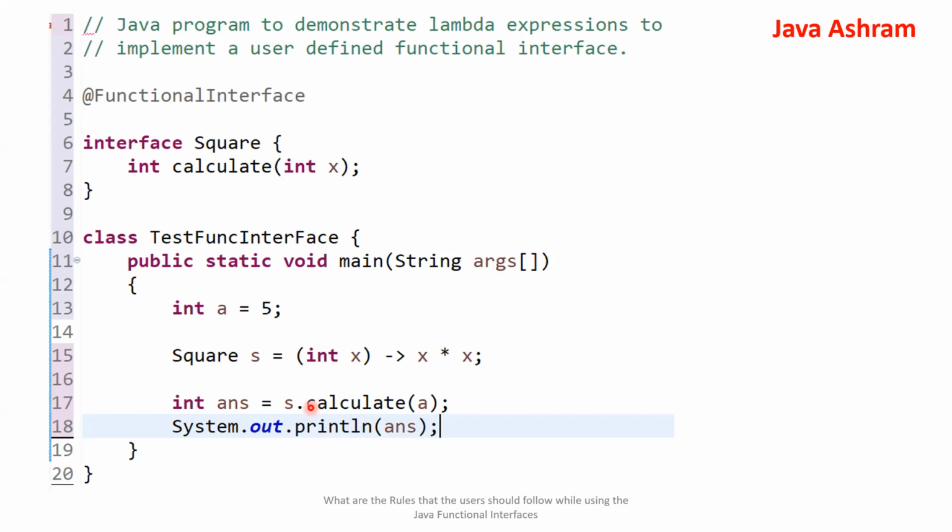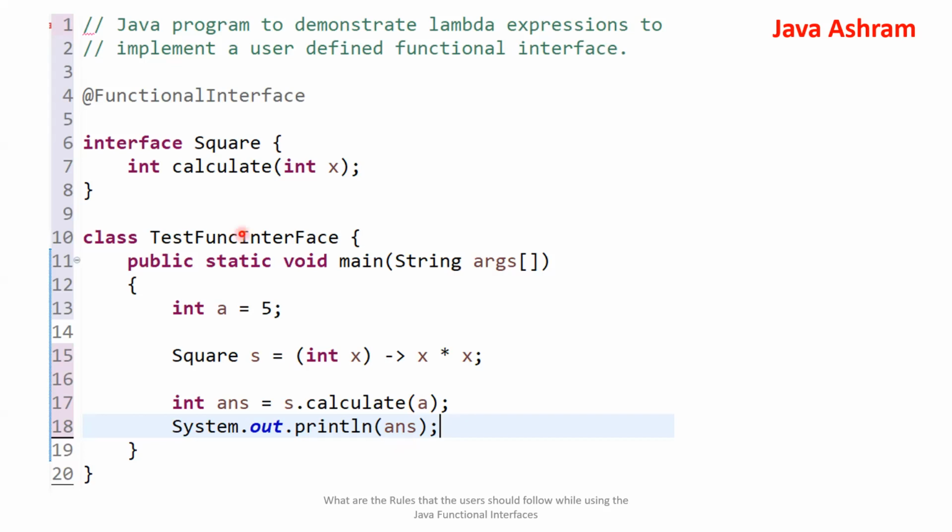You can put the variable a there also. I have put x to differentiate between the actual variable and the definition one. So s.calculate(a) passes a over here, it captures it over here, and it calculates x square. It returns to the interface object, since this is treated as an implementation of the class, from where you can call the method and it will return you 25, right?